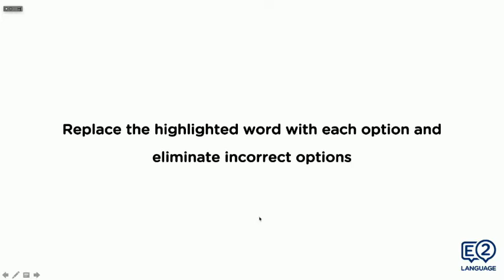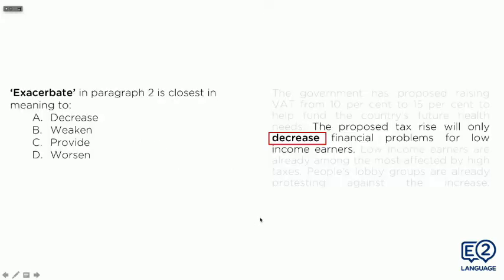Step 3, we now replace the highlighted word with each option and eliminate incorrect ones. So what we do is we say the proposed tax rise will only decrease financial problems for low-income earners. Well, that doesn't make sense. The proposed tax rise will only weaken financial problems for low-income earners.